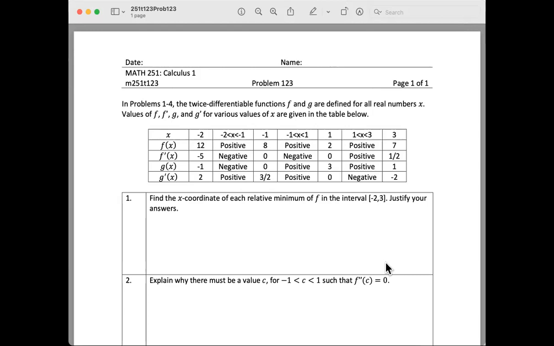This was really poorly planned. I don't know why I went up instead of down. So f of 1 is 2, and f of -1 is 8. And these also came from the table.